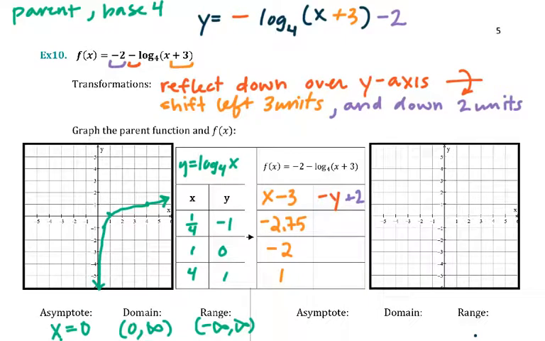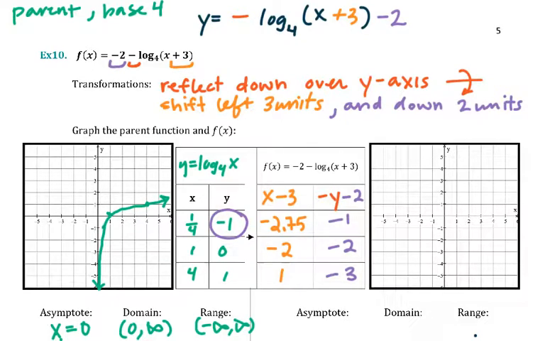And so when we do our y's, and I'm noticing I put a plus 2 because we said minus 2 and shift down, that should be a minus 2 there. So negative y minus 2: negative negative 1, take away 2 is negative 1. 0, take away 2 is negative 2. And negative 1, take away negative 2 is negative 3.